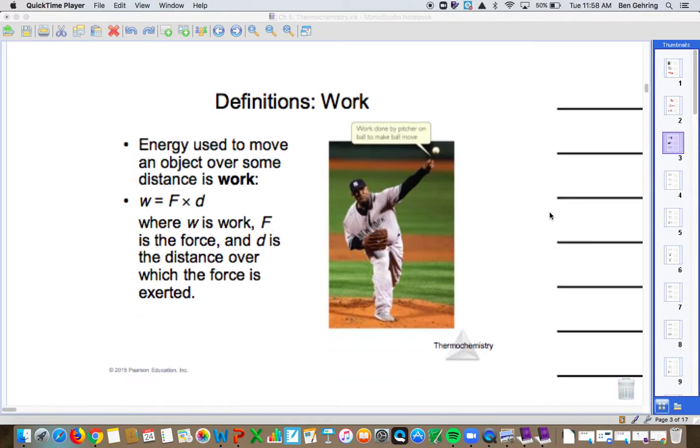Some more vocab that you're going to need. We have a term called work, and we talk about work a lot, but this is a different work than most people are used to. This work is any energy that's used to move an object over a distance. So energy used to move an object over some distance is called work.